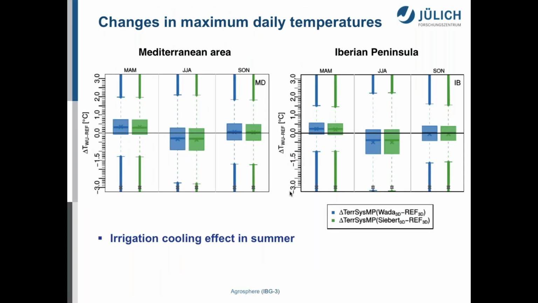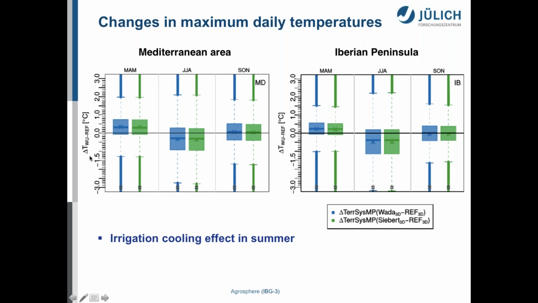Okay, now we quickly look at changes in maximum daily temperatures, and we do this here for two major regions. We do this for the Mediterranean area and the Iberian Peninsula, and what you see here are the descriptive statistics for the spring, the summer, and also the fall.